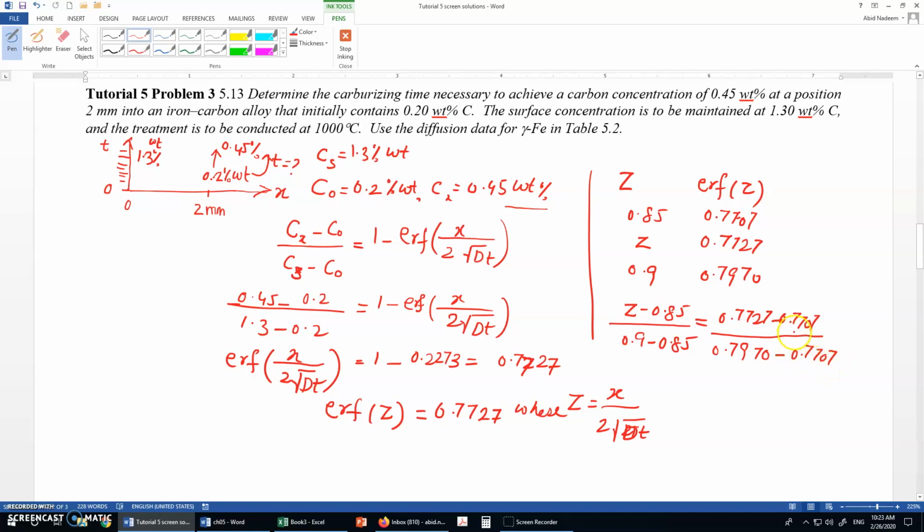From here you can calculate the value of z, which will be equal to 0.854.